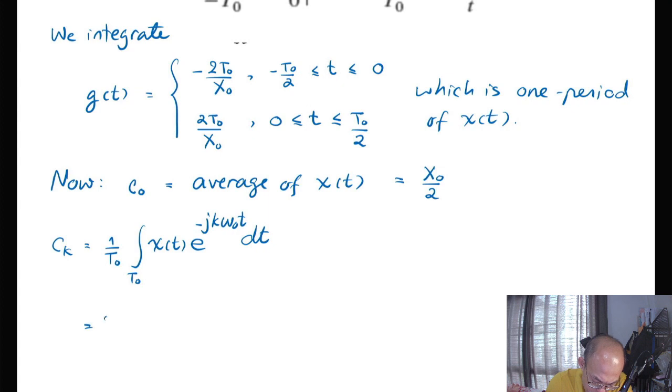So that is 1 over t0 integration from minus t0 over 2 until 0, and we have to plug in x as this one. So it is minus 2 x0 over t0 times t, e to the minus j k omega 0 t dt.